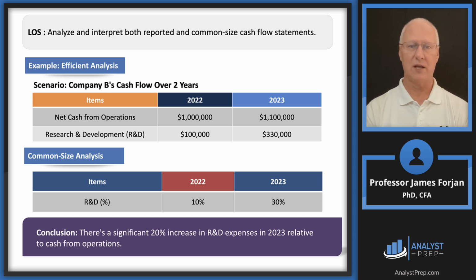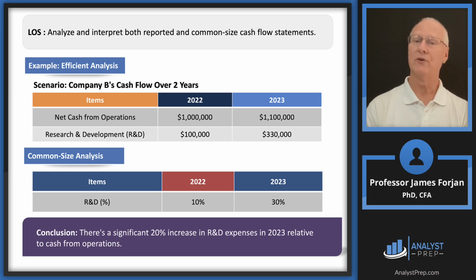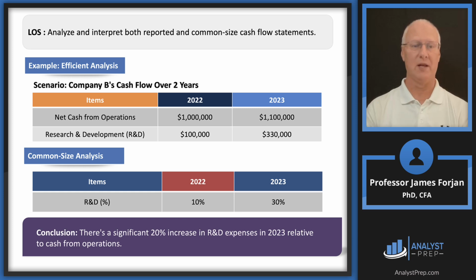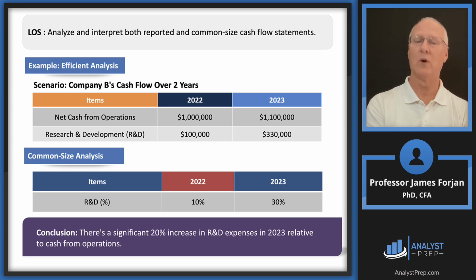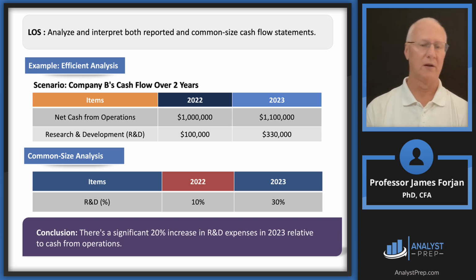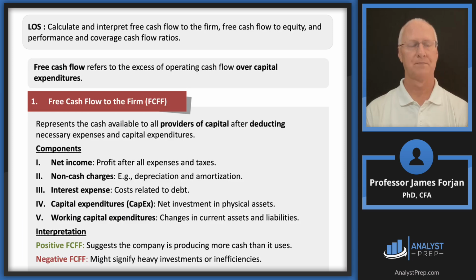And then efficiency, let's go ahead and look at net cash from operations. So $1 million to $1.1 million, so that's 10%. But research and development, $1 million to $330, boy, that's over 30%. And so what is this efficiency here? There's a substantial increase from 2022 to 2023 in terms of a percent, 20% increase.